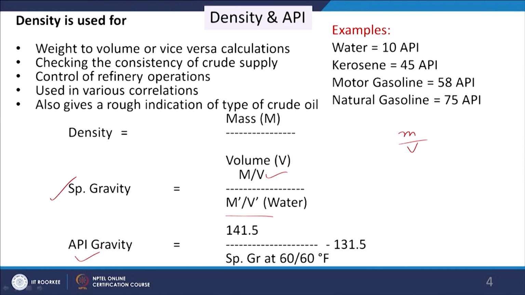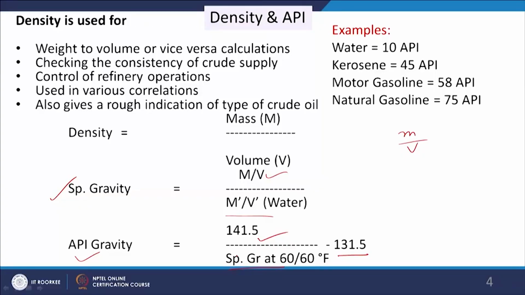Similarly, API gravity has been defined by the American Petroleum Institute as 141.5 divided by specific gravity at 60 degree Fahrenheit, minus 131.5. This is the definition of API gravity as per the American Petroleum Institute, and it is used to clearly understand the difference between the fractions of petroleum crude.